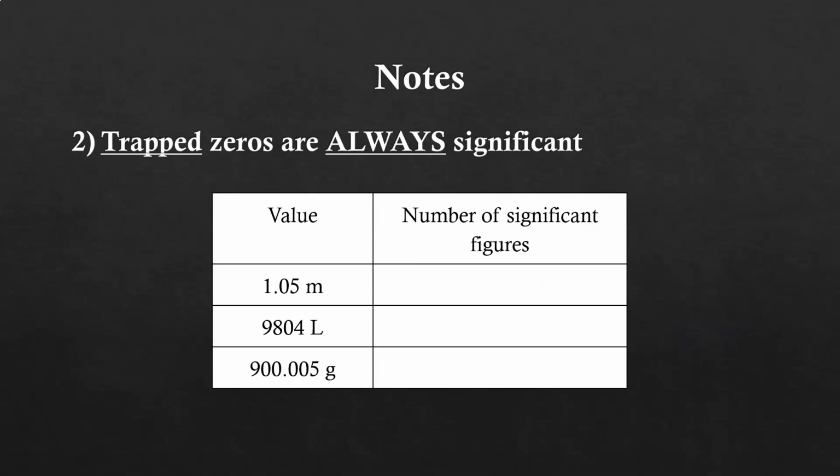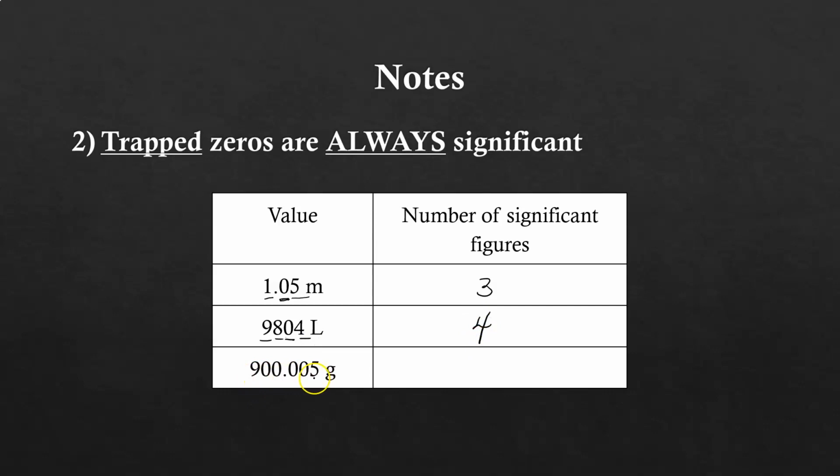Now with zeros, it gets tricky. If a zero is trapped between 2 non-zero numbers, it is always significant. Looking here, we have a trapped 0, so there is 1, 2, 3, because all trapped zeros are significant. It's like those 2 non-zero numbers are bringing significance to that 0. This one, we see a trapped 0, so that one is significant because it is between 2 non-zero numbers, so we have a total of 4 sig figs.